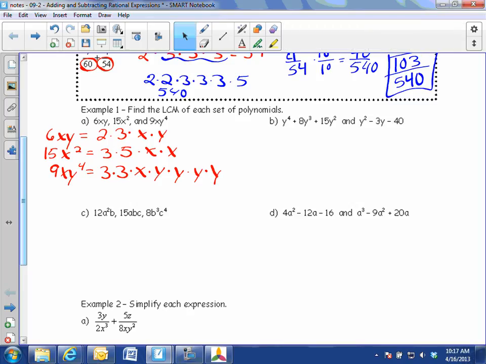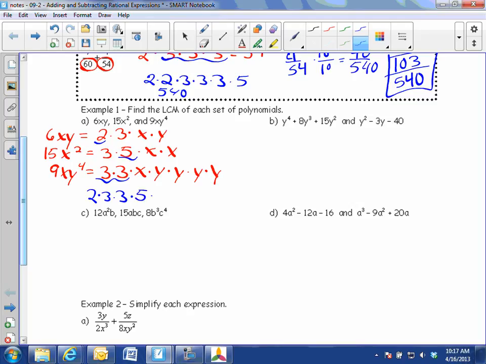All right, so now we need to look and see the biggest number of times each number or variable appears. Okay, so we've got 2. How many times does 2 appear? Just one time. Then we got 3. What's the biggest? Two each. So we have 3 and 3. Then we've got 1, 5.